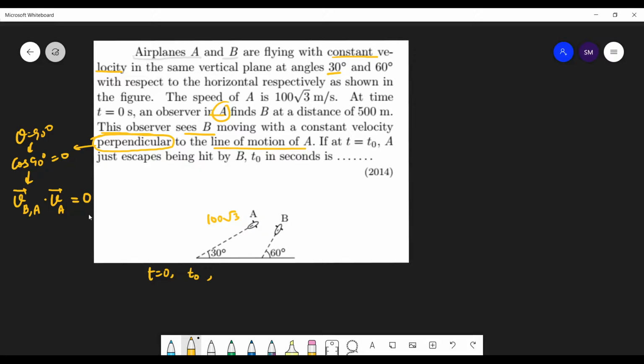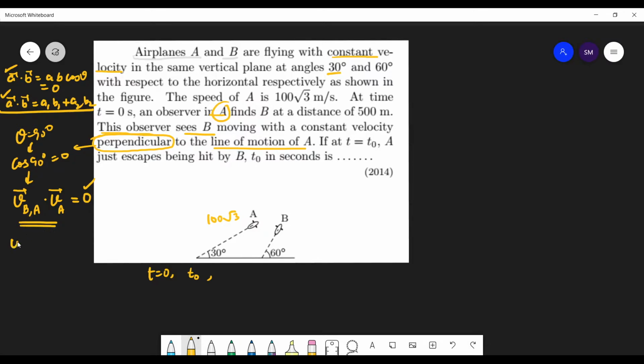What does this mean? You know that the dot product has two formulas: A dot B is AB cos theta. According to this, theta is 90 degrees, so that is why it is 0. Now A dot B is also A1 B1 plus A2 B2. We have used the first one, so the second one will be written on this side.